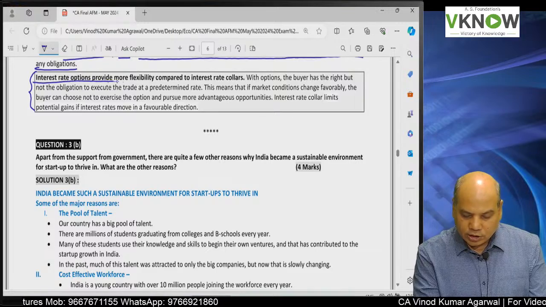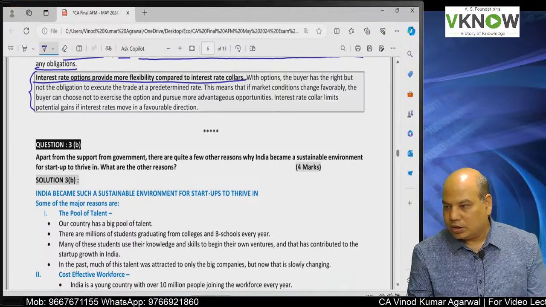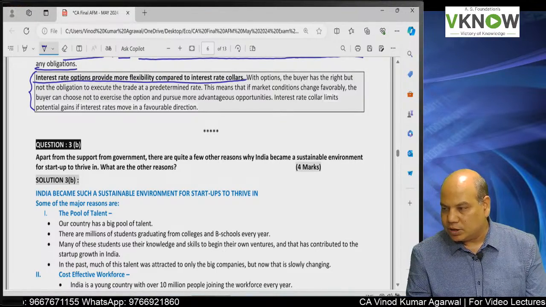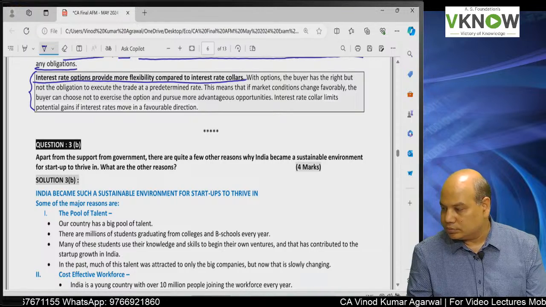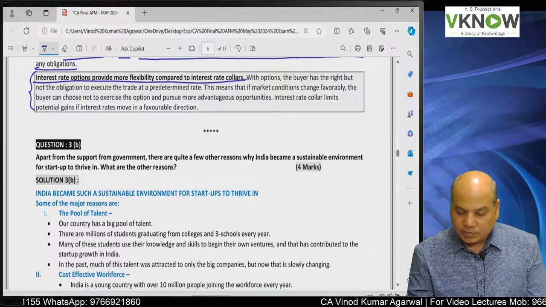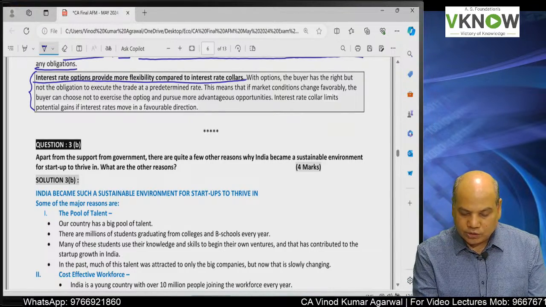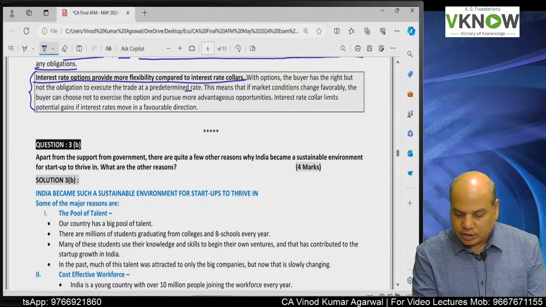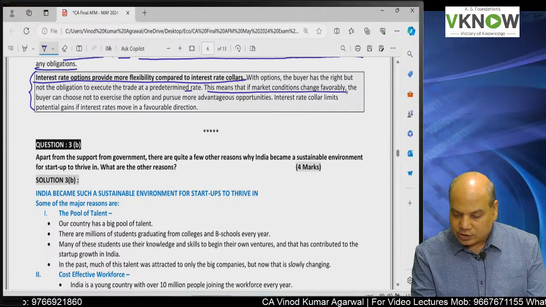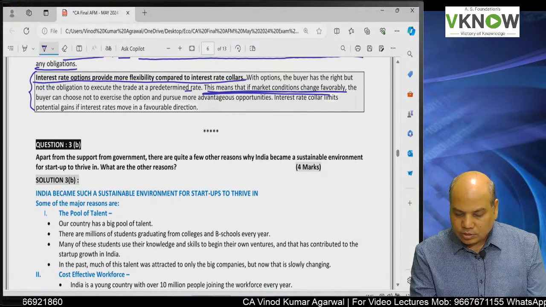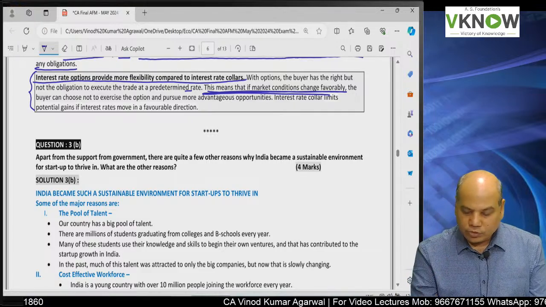You can write similar note in the exam. Interest rate option provides more flexibility compared to interest rate collar. With option, the buyer has the right but not the obligation to execute the trade at predetermined rate. This means that if market changes favorably, if the market keeps on falling, you will benefit.